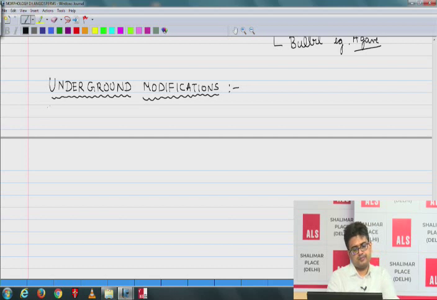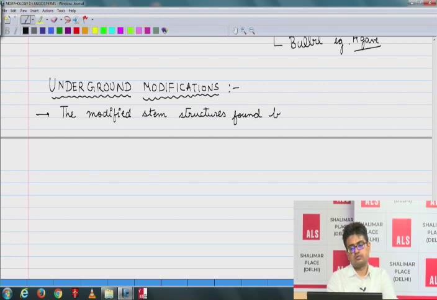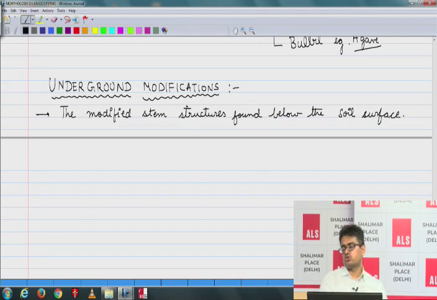These are basically the modified stem structures found below the soil surface.